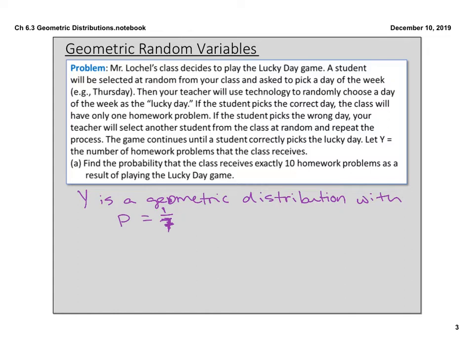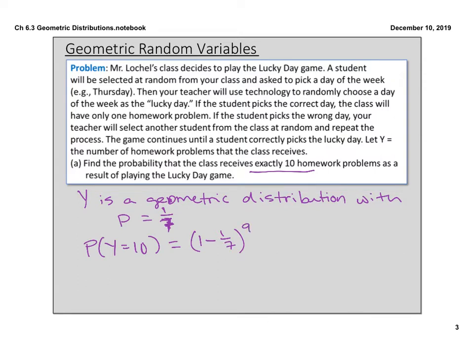All right, so then what we know is the probability that there is exactly 10 homework problems would look like this. So the probability of y equaling 10 is the probability of failure, or in other words, 1 minus the 1/7, raised to the 9 failures.